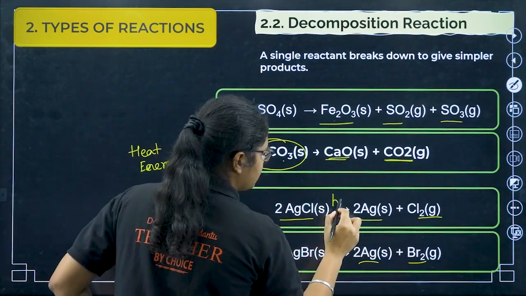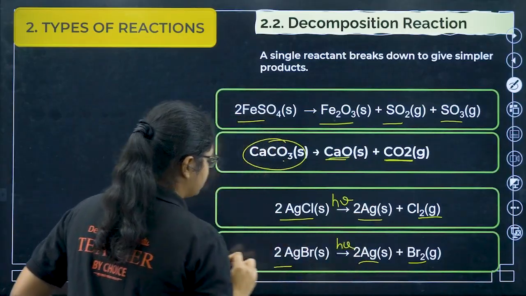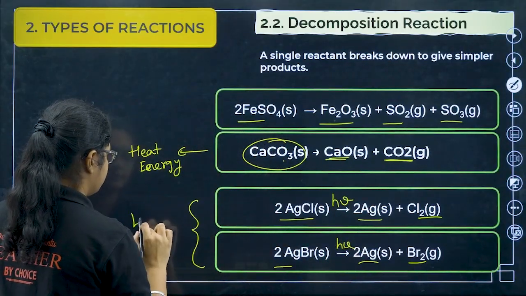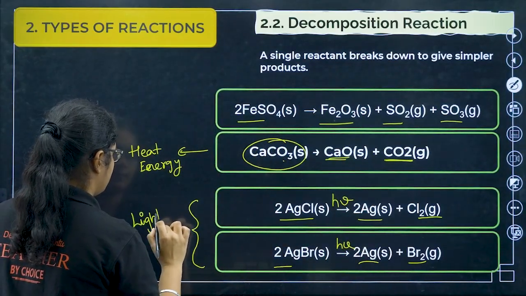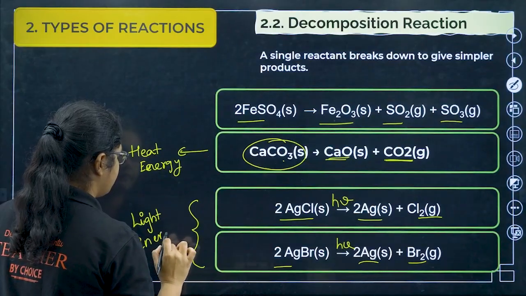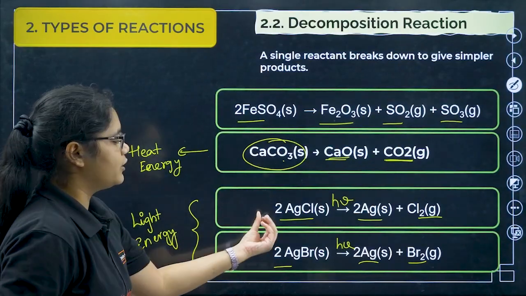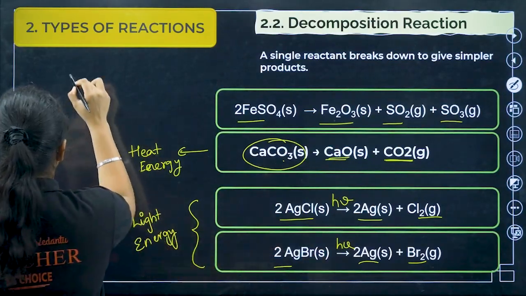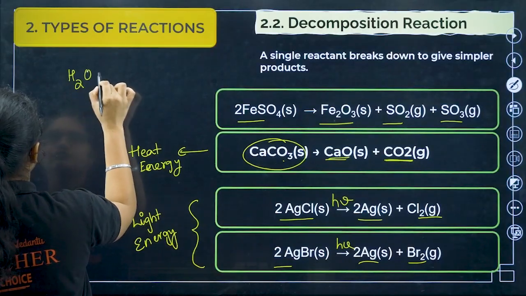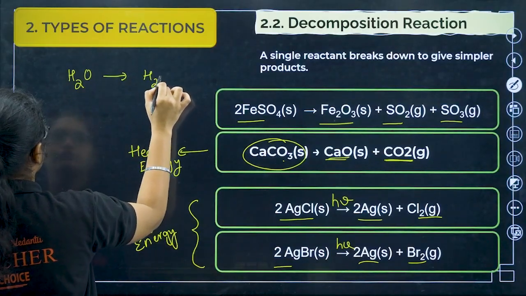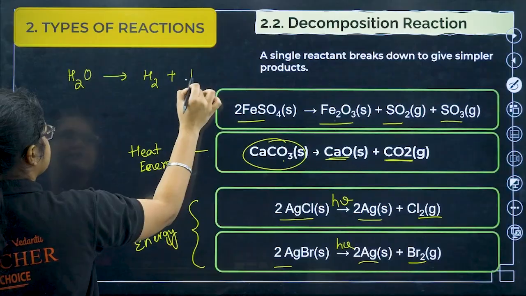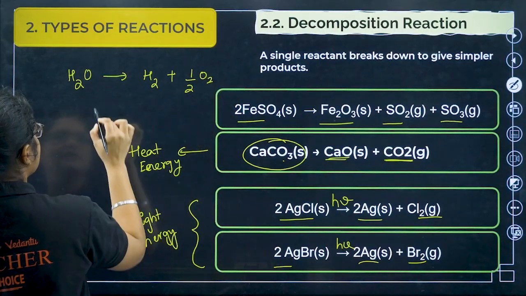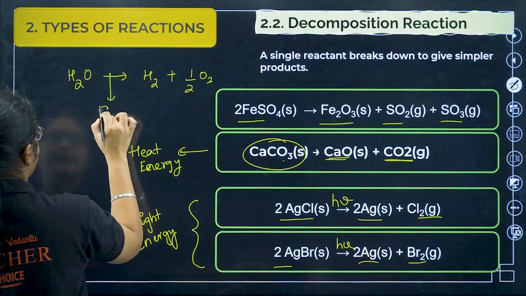In AgCl and AgBr, we give light energy. With the help of light energy, these molecules break down. There is one more example. H2O gives you H2 plus half O2. I can write it like this. Here the energy that is given is electrical energy.